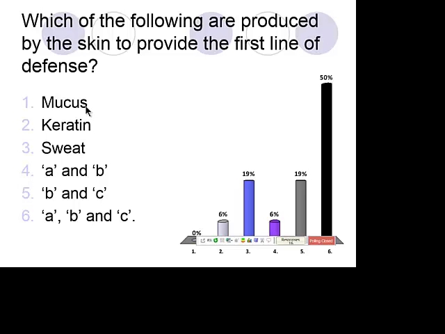I don't think so, right? You wouldn't want all that slippery stuff on the surface of your skin. Mucus is produced by columnar cells and goblet cells, right? Remember, your epidermis is stratified squamous keratinized, and the top layer of keratin is dead. You can't produce mucus. So it only produces keratin and sweat. So the answers would be just B and C, which only 19% of the class got right. No mucus. Too many alternatives.